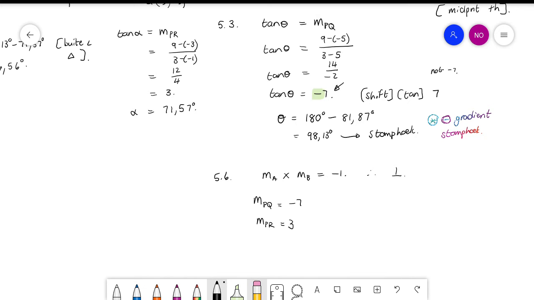Okay, so clearly we can see that those two do not have a product of -1. So let's calculate the gradient of the third line. The third line will be the gradient of RQ, which is R is -3, minus 5, over -1 minus 5.